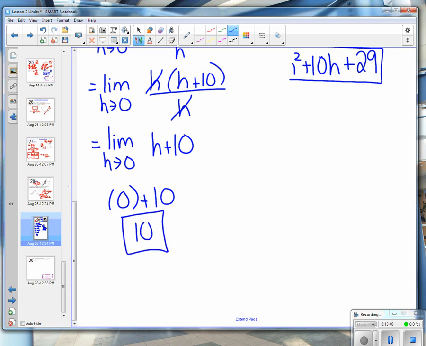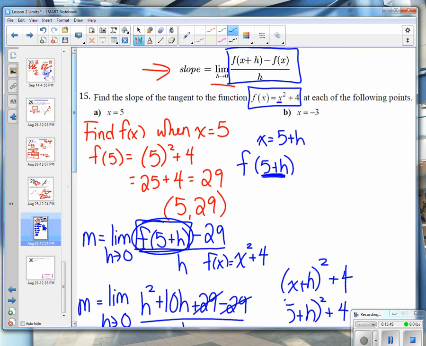Now again, you might be like, what the heck is 10? What does that even mean? Well, that is my slope at the point x is equal to 5. So I want you to imagine this little parabola here, this little happy face, x squared plus 4, is going to look something like this. So when x is equal to 5, let's say that's that point right there.